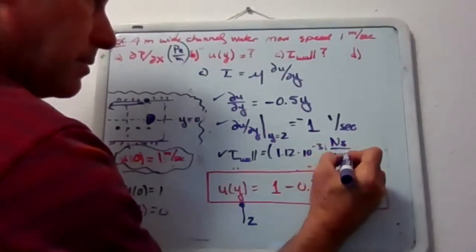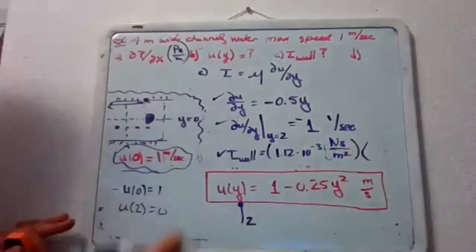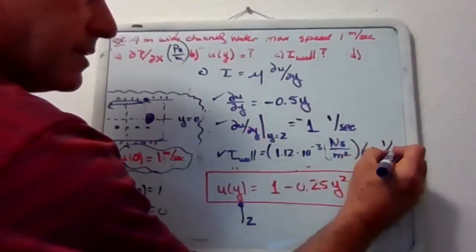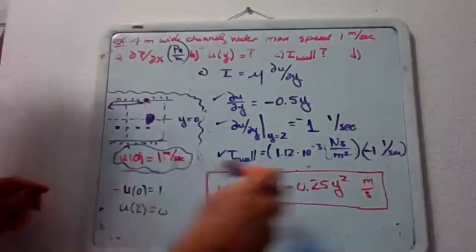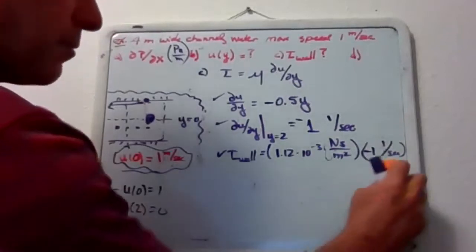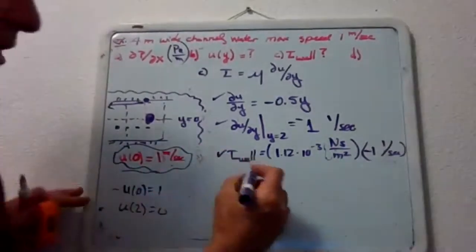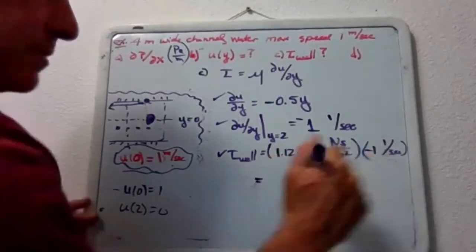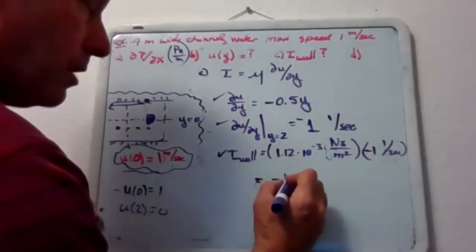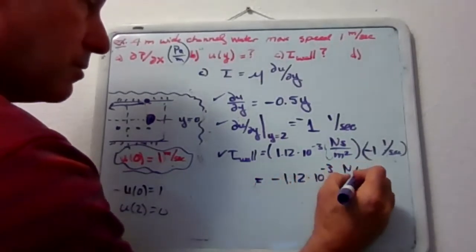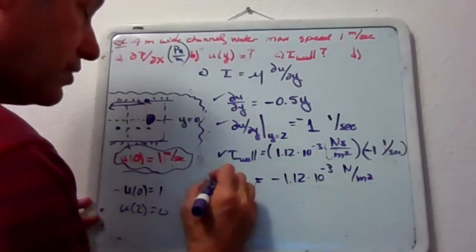Sorry about my writing. Then this is negative 1 times 1 over seconds. I think we could write it in scientific notation for an answer. If you did it differently yourself, no problem. 1.12 times negative 1 would be negative 1.12 times 10 to the negative third newtons per meter squared. And that's the shear at the wall.